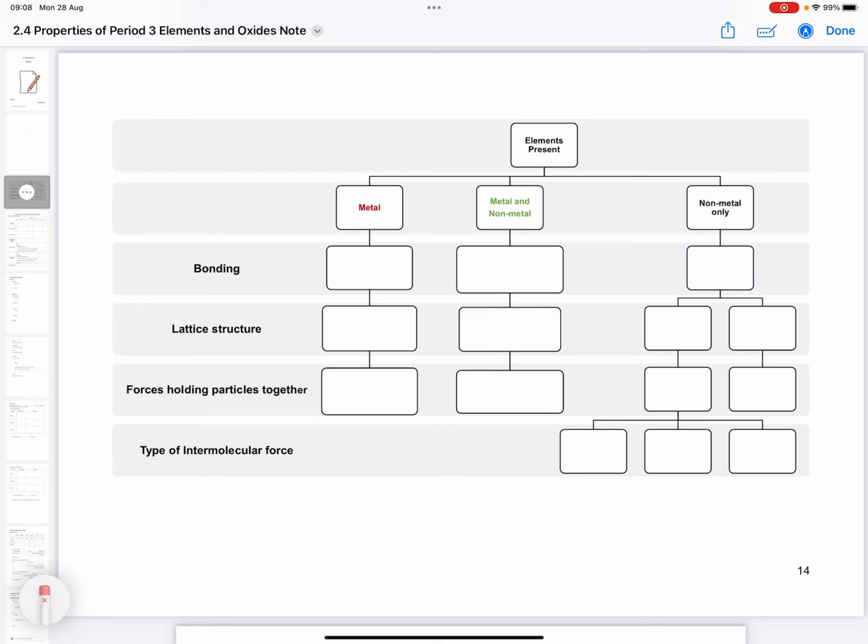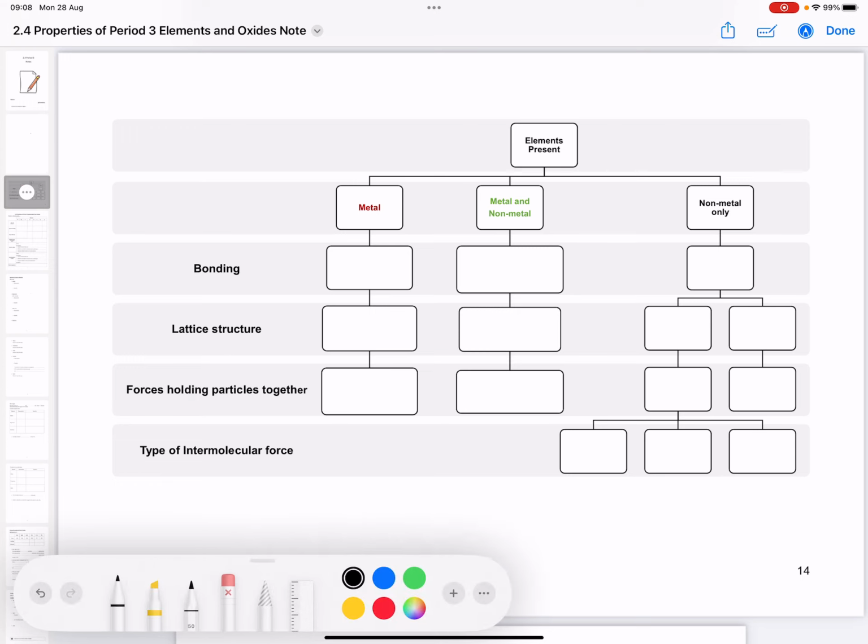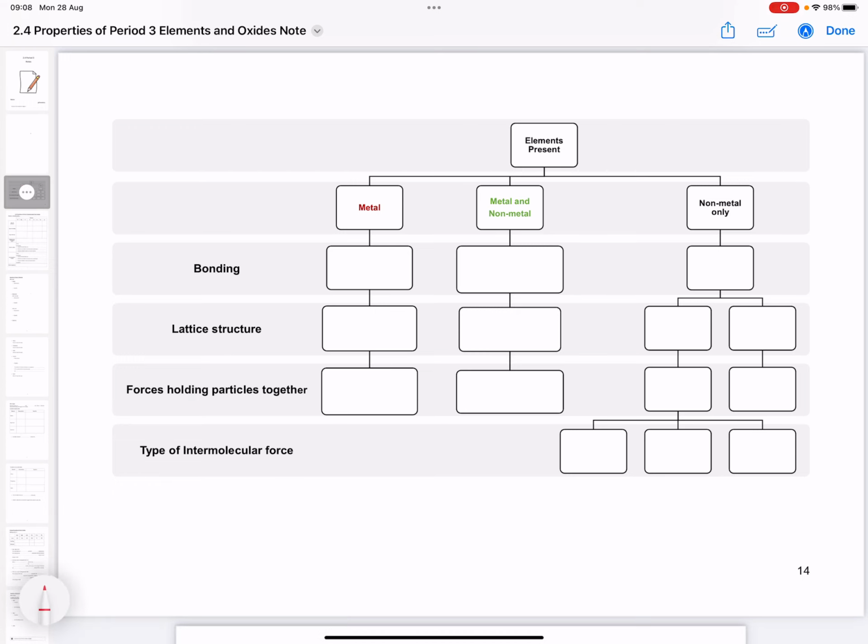So if you filled this in, you should have been trying to remember the different types of structure and bonding. We're going to start with if our element present is a metal, so for example something like sodium or magnesium, perhaps potassium or calcium, then we would say that the bonding is metallic.